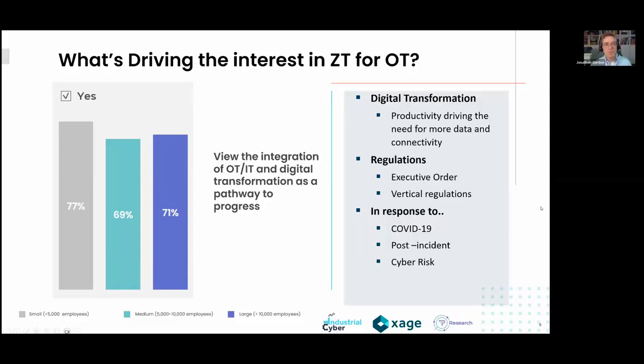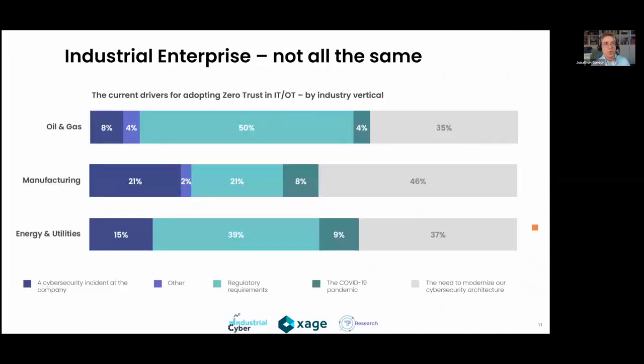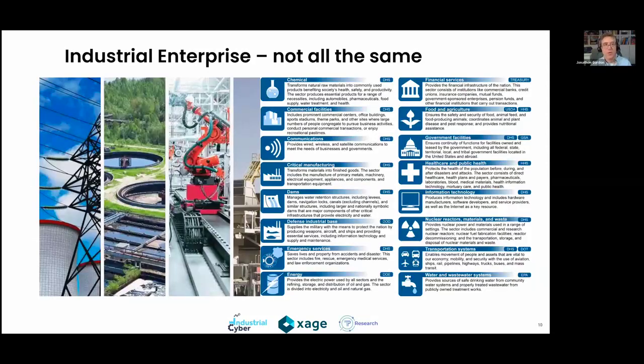I mentioned this briefly already, that not all industries are the same, and this really highlights the fact that we're dealing with a broad array of industries.